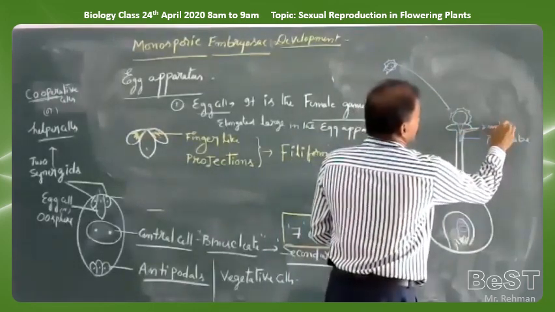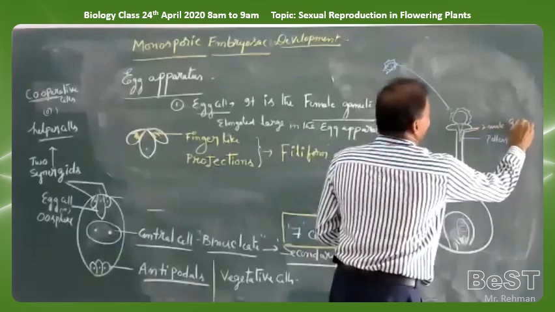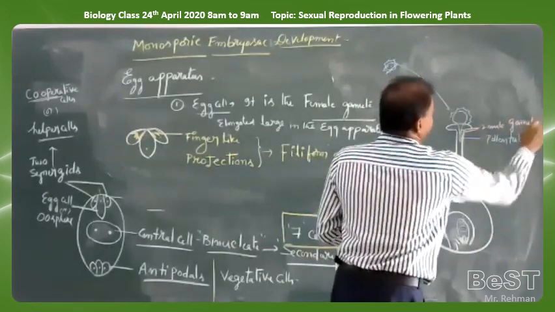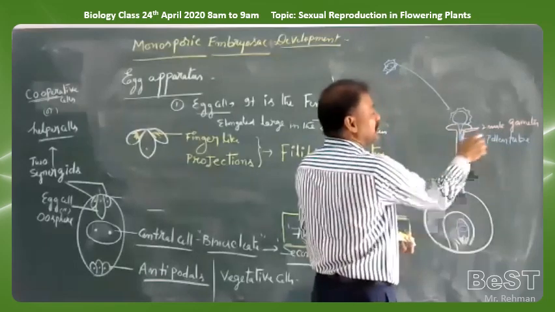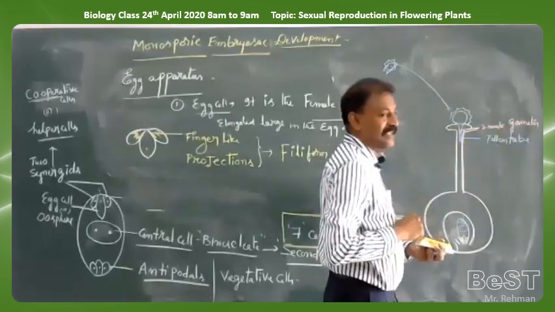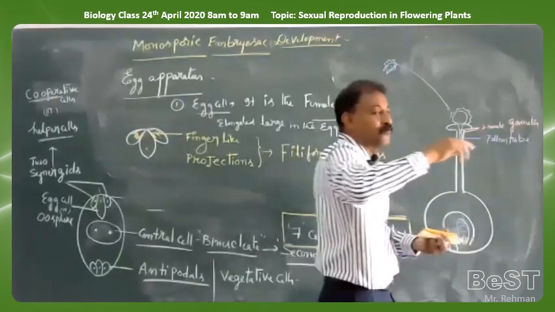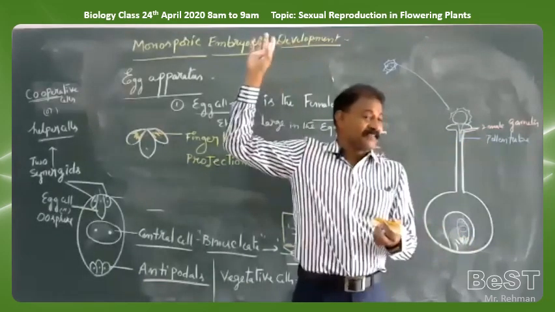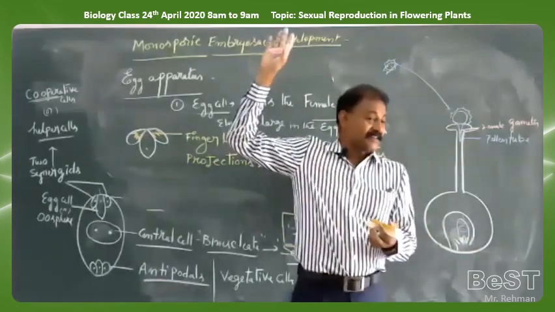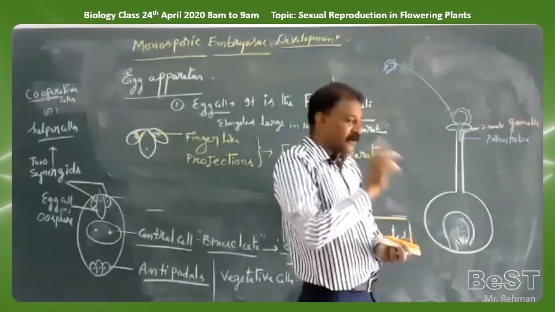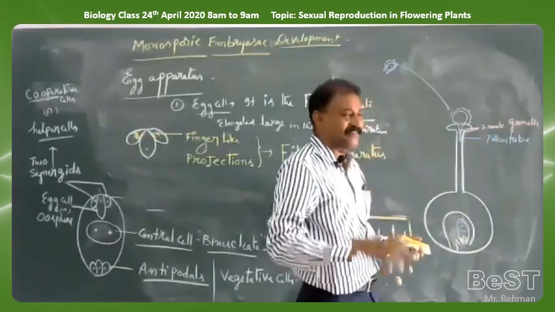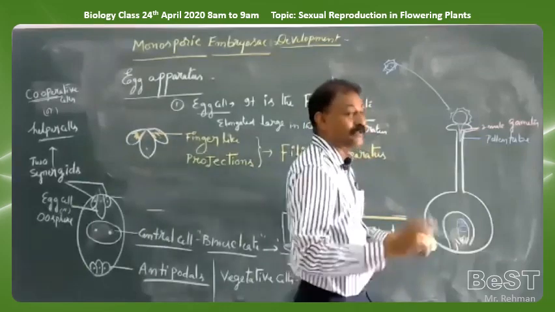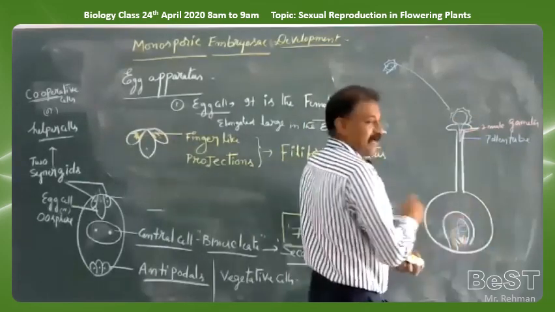Why is it carrying them? Because male gametes are non-motile. Male gametes are not able to move like in bryophytes or pteridophytes or gymnosperms. So in angiosperms, male gametes are non-motile. That's why it is compulsory to carry them towards the female gamete.